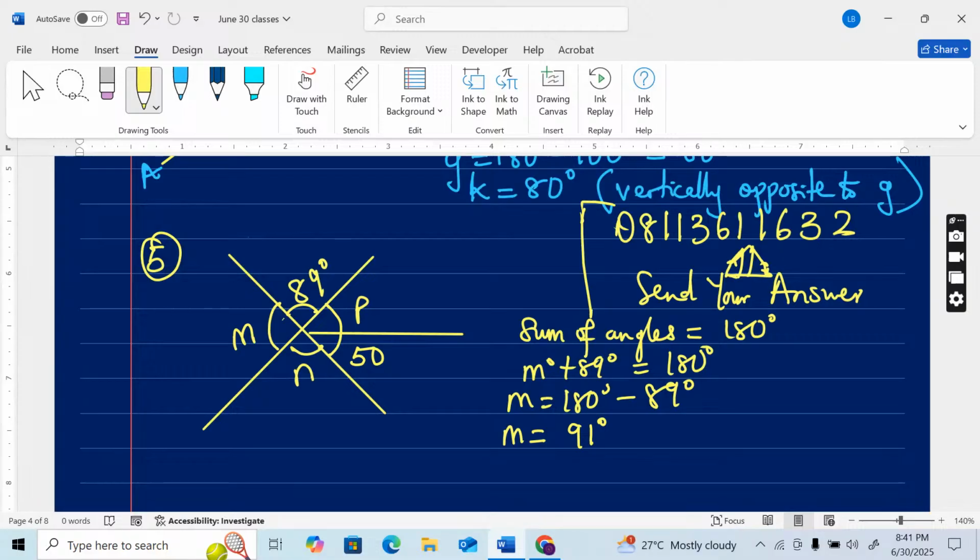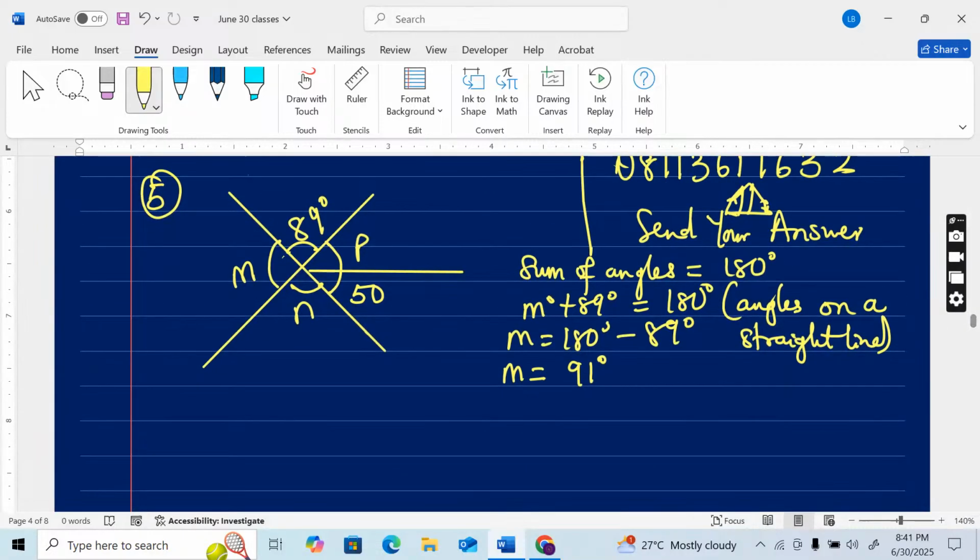Now, the reason is sum of angles on a straight line. I will always write the reason: angles on a straight line. We have gotten angle M. Now, what will be angle N? Angle N is vertically opposite to 89 degrees and they are equal.